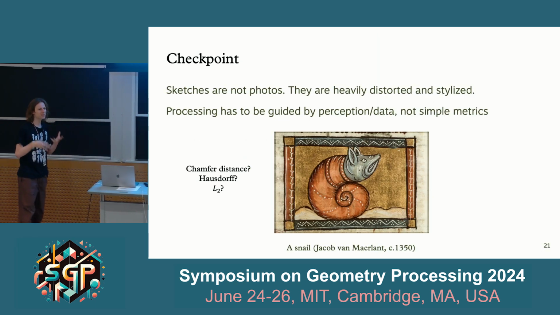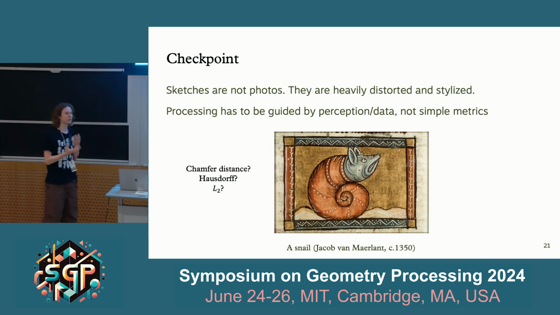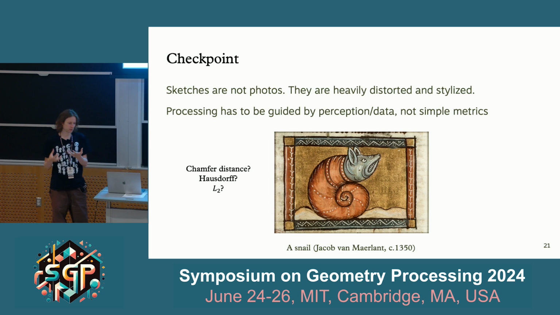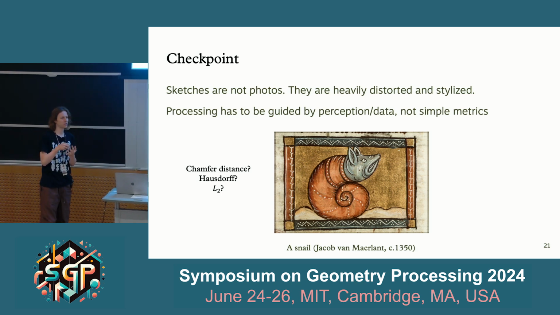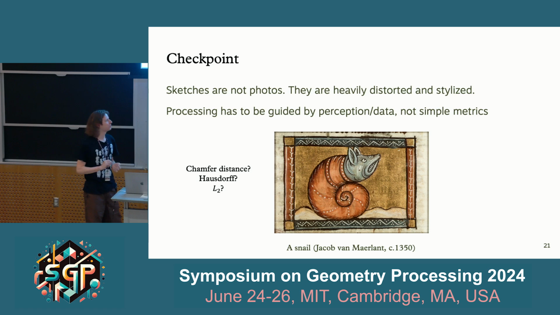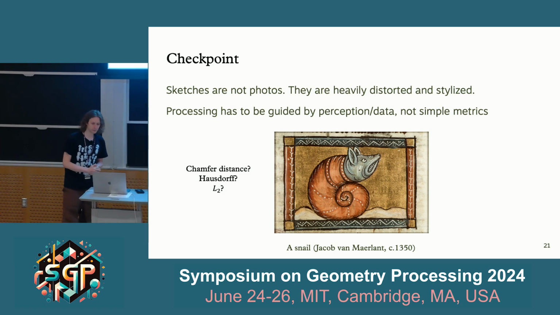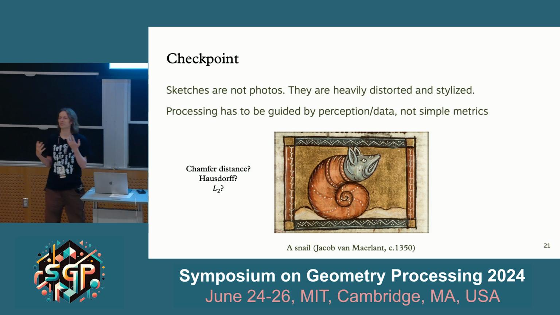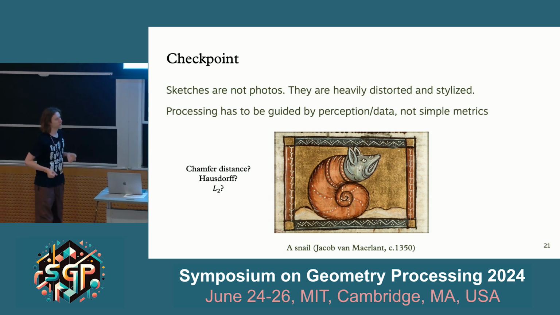They're weird, simplified, distorted things. And if you think about creating a model that does sketch-based retrieval, so you want to find a 3D shape corresponding to your sketch, imagine this is the sketch of a snail that the person gave. Yeah, this is an actual painting from the 14th century.